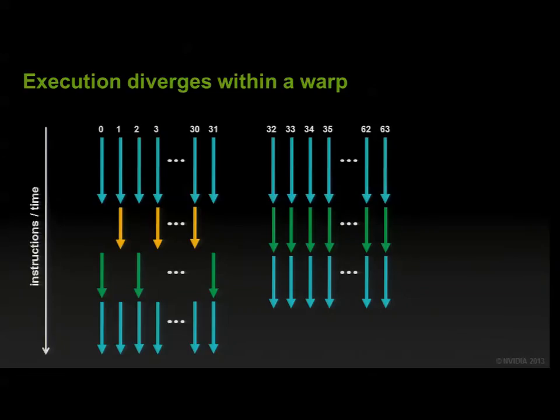So rather than doing this, you probably want to have TID less than whatever. Just pick a number. My TID less than 64, make the load, and else you're writing out.